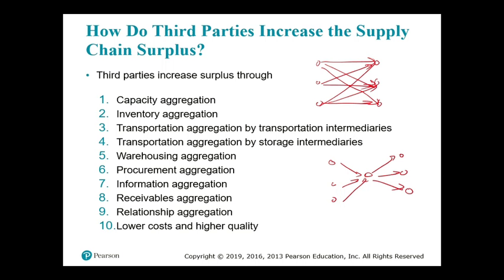Another reason for sourcing to a third party is strictly because they have either lower costs or higher quality. If this is a sustainable reason to outsource to a third party, that would generally imply that this supplier has more advanced technology. They're farther along on the learning curve.